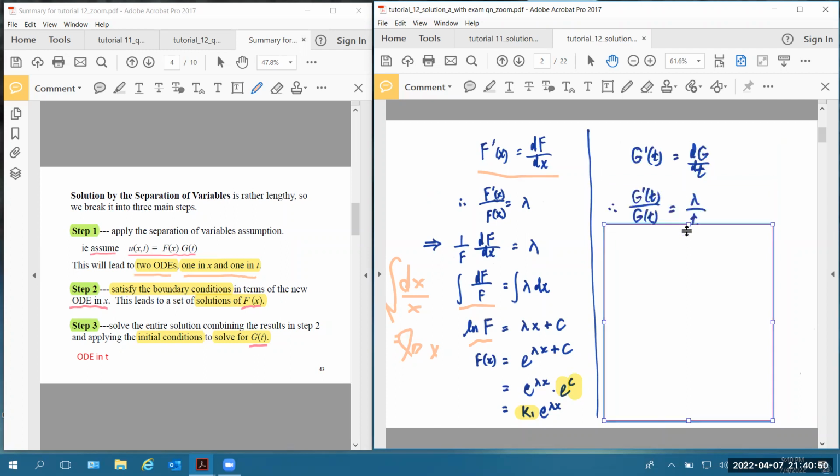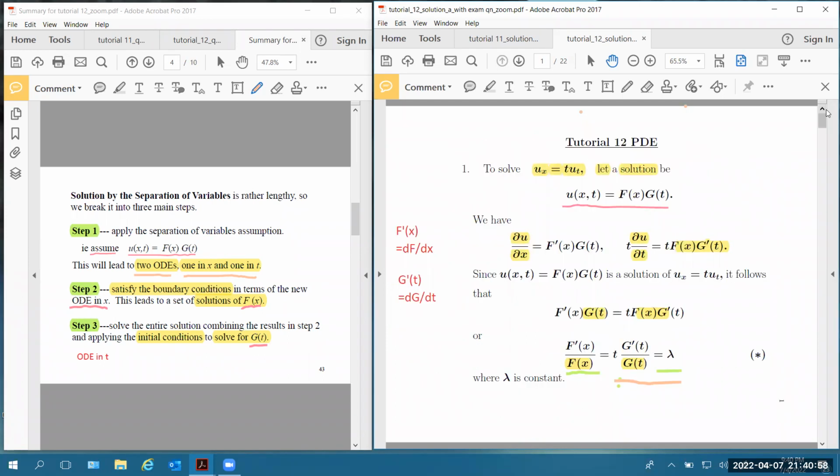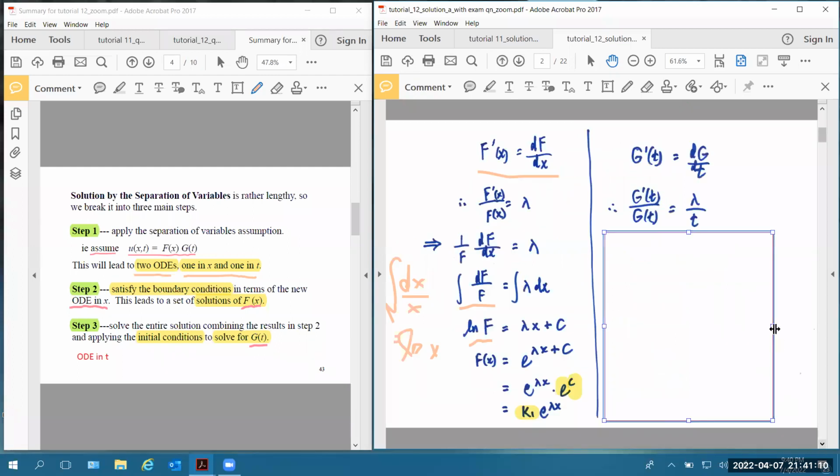So this is how I'm going to get it, right? So I get g prime over g is lambda over t. This one is actually just from here, from this equation. g prime over g, the t you divide over, so equal to lambda over t. All right, so that's this one here. Okay, now the g prime, I'm going to put dg dt inside.